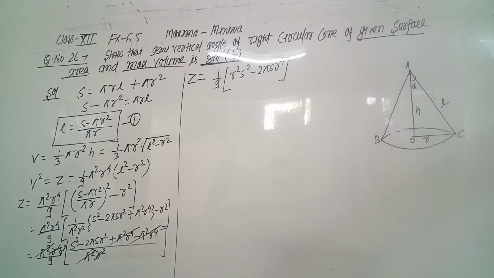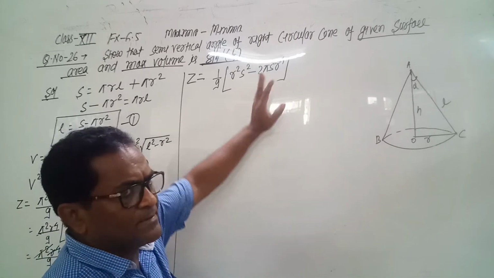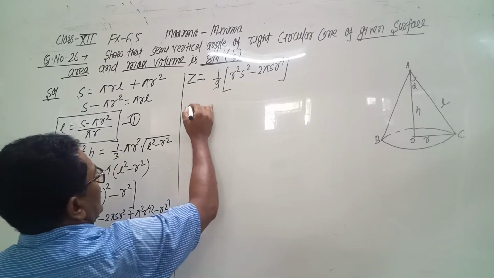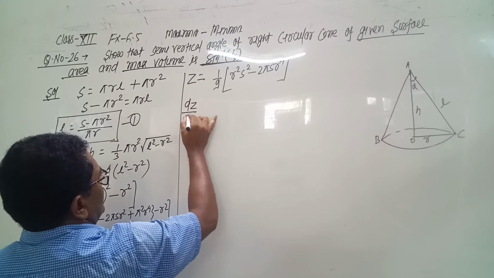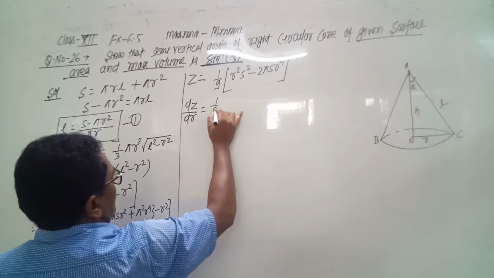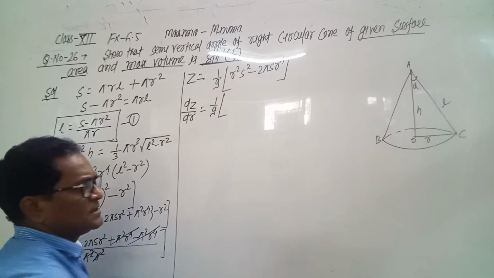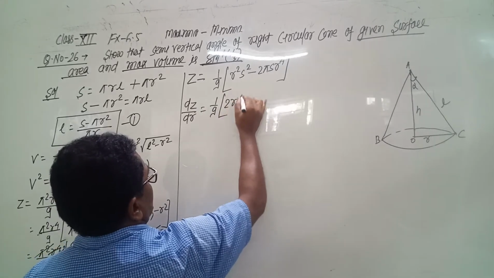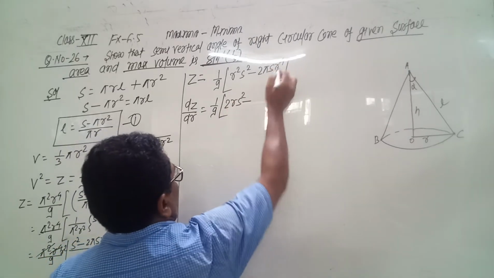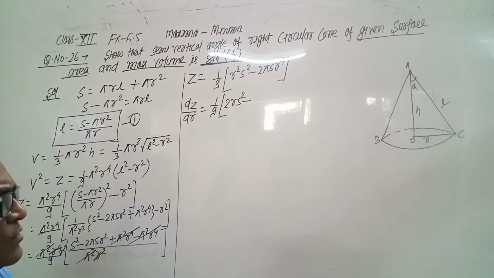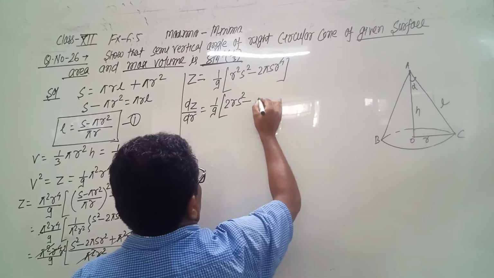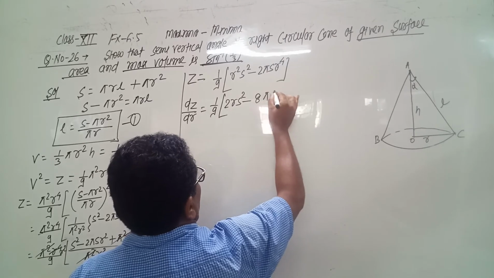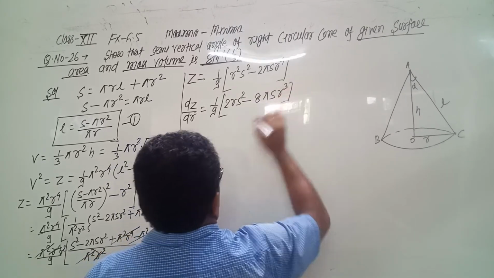Now we differentiate with respect to r, because the surface area S is given. So we find dz by dr. 1 by 9 times, the differentiation of r square is 2r, so 2r S square, minus the differentiation of r to the power 4, which is 4 r cube, so 4 into 2 gives 8 pi S r cube.